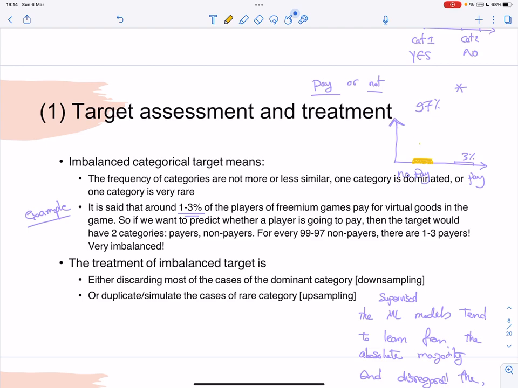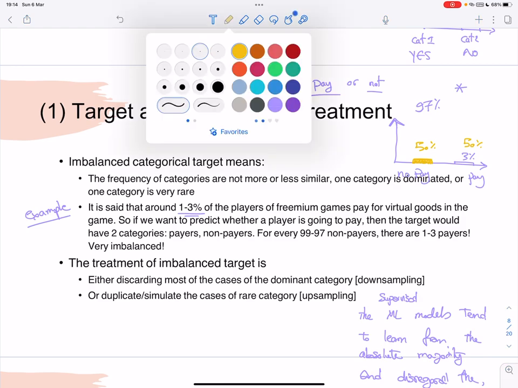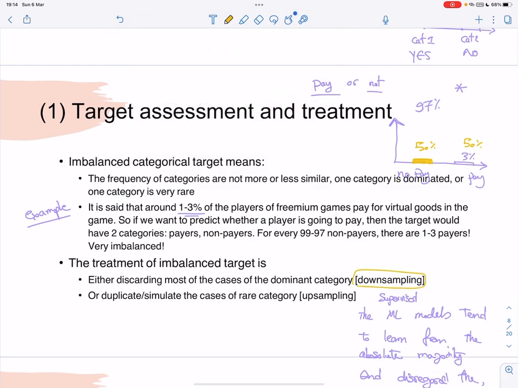Now it is something like 50% in the data. It's not 97 to 3%. And now our model learns from both cases. This is the approach that we call downsampling. But there is another approach as well. So let me bring that back.